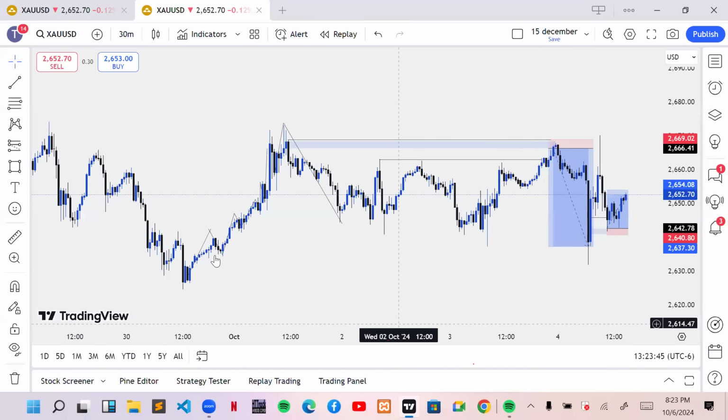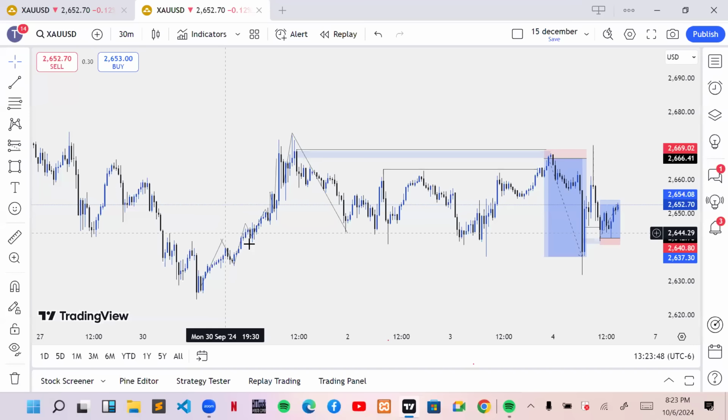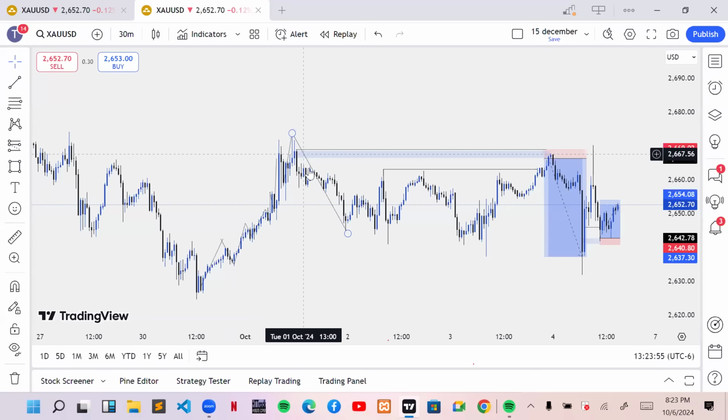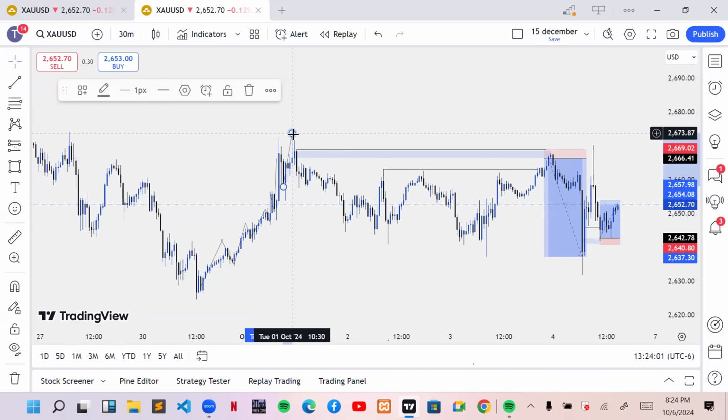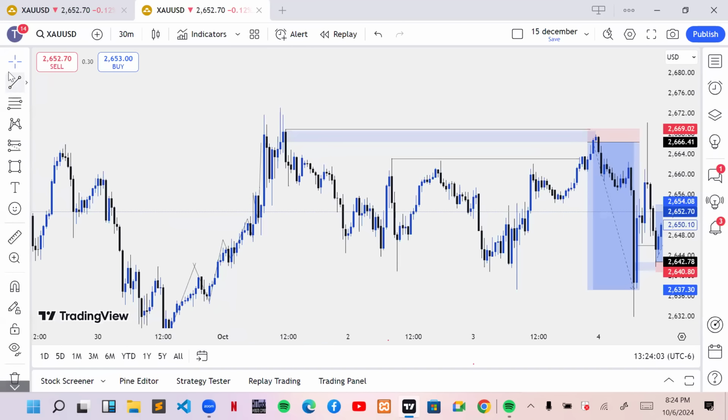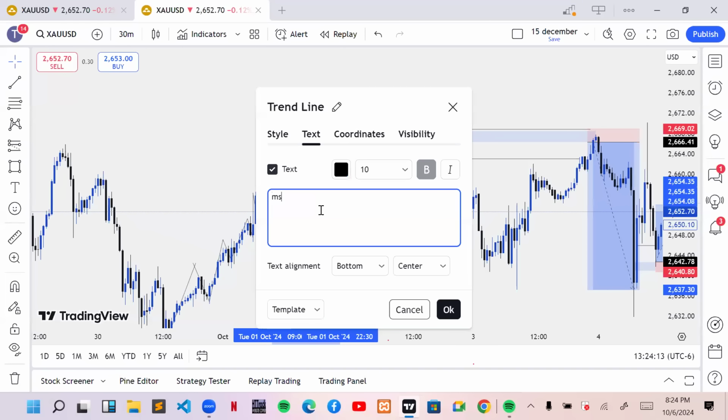So higher highs, higher lows, higher highs, higher lows, higher highs. The market now broke down the last low and made a lower low. This here is an indication that the market is now turning bearish. The market structure shift happened right here. This was the last low, and the market took out that last low, now changing the trend of this market from an uptrend to a downtrend.